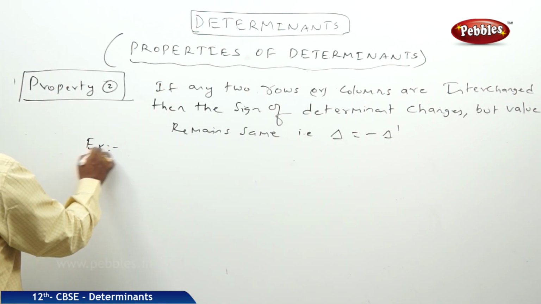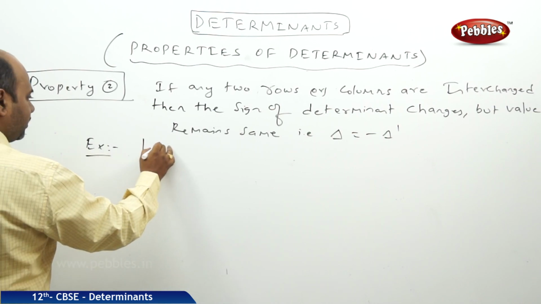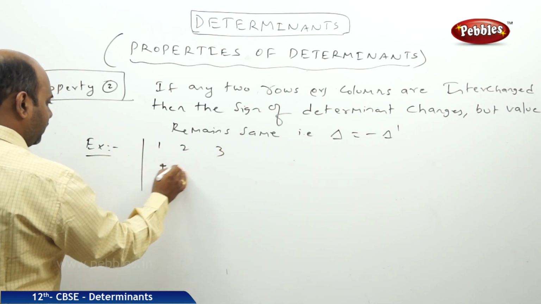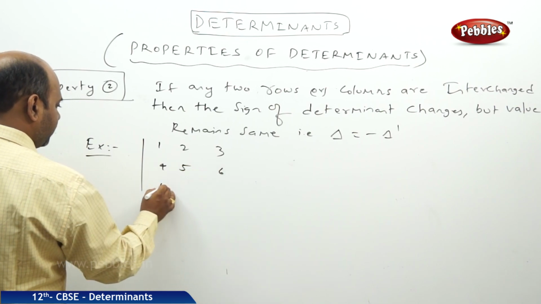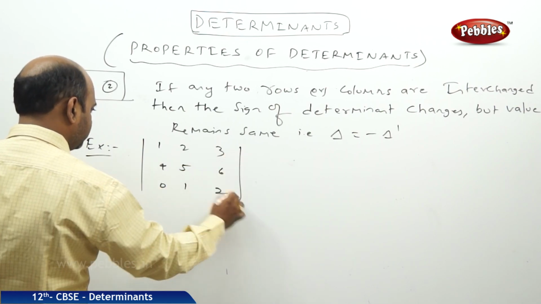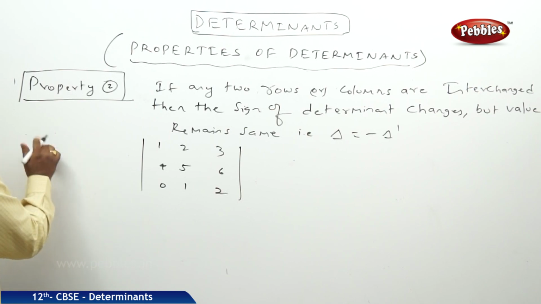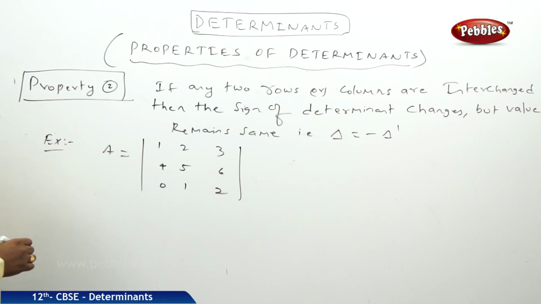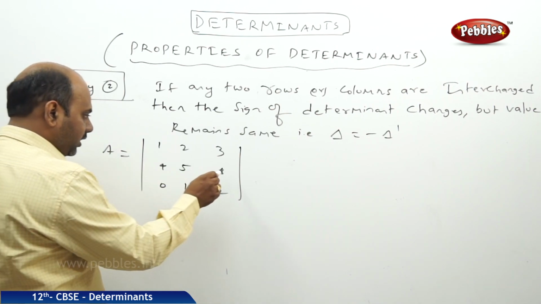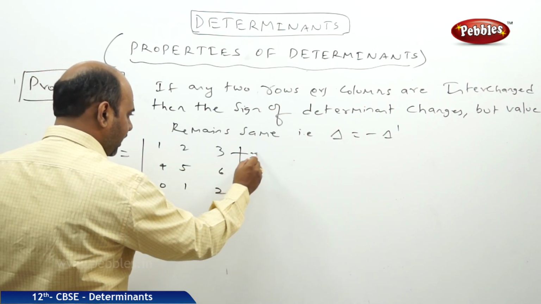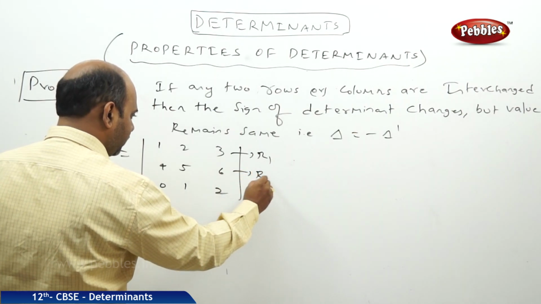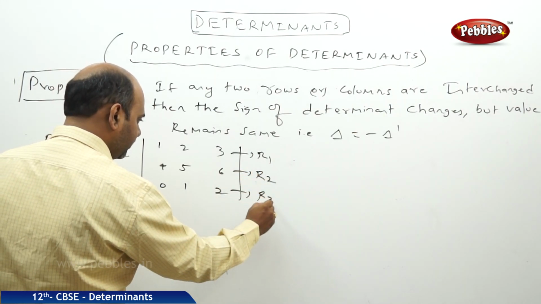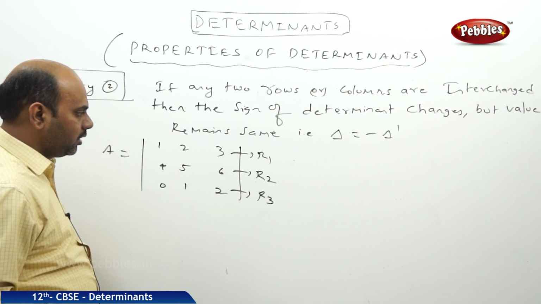Example: I will take a matrix 1 2 3, 4 5 6, 0 1 2. Think of this as capital A. This is R1, this is R2 and this is R3. I want to interchange R2 and R3.